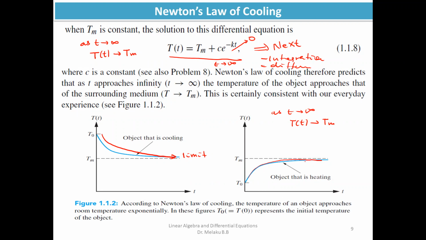Finally, when the temperature of the object is equal to the temperature of the medium, it will stop. So there is also a carrying capacity here in both cases. So the differential equation of Newton's law of cooling is a nice differential equation, I can say, because of the existence of the carrying capacity.